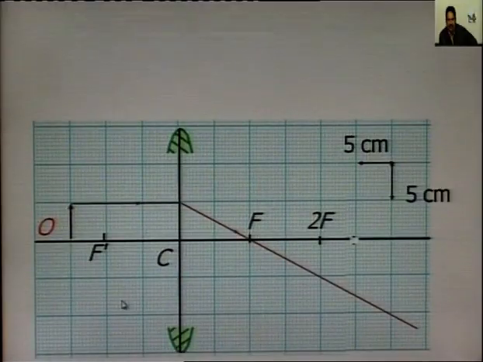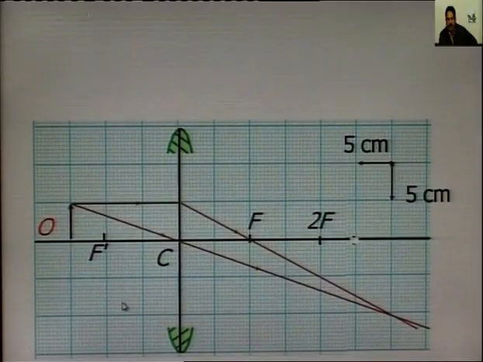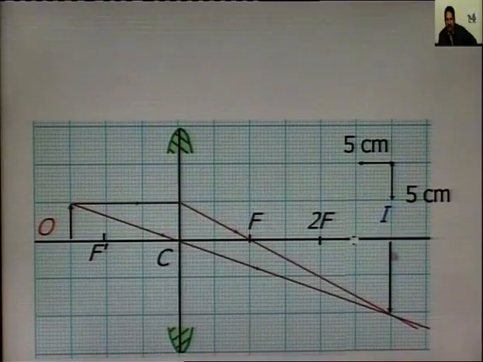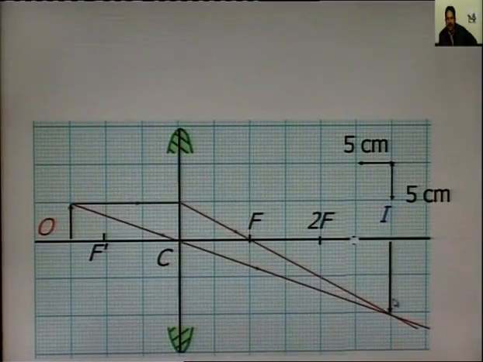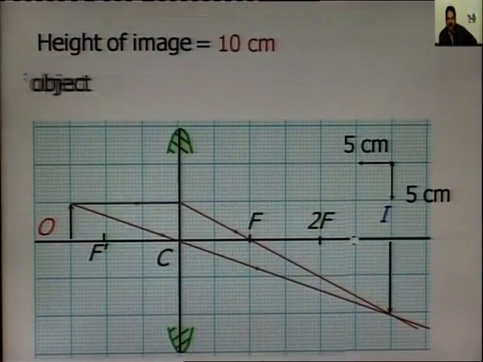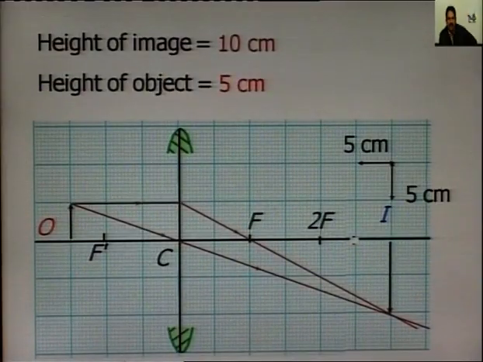So, let us construct the image of this object. So, this will be the image, and from this diagram you can see the height of the image. Height of the image is 10 centimeters.